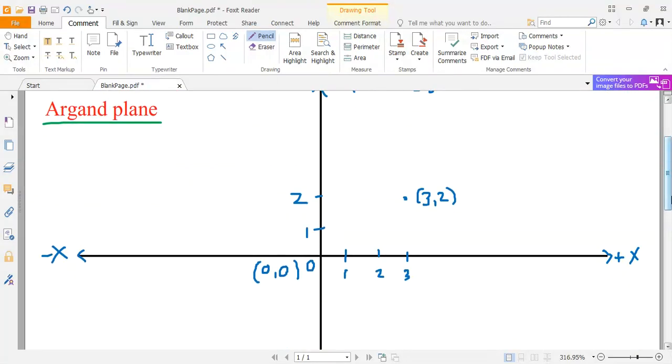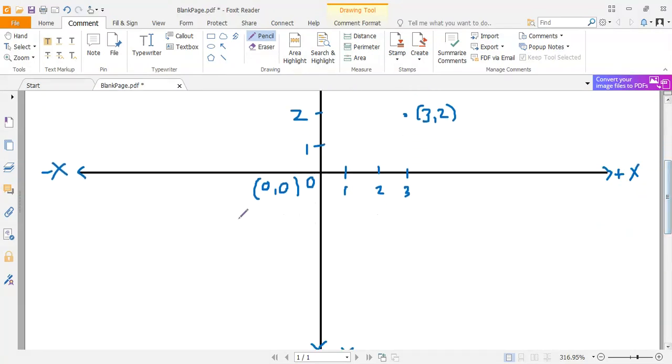But if that's the case, then shouldn't every point be representing a complex number? That's right. Every number here should represent a complex number. So what does this origin represent? This origin represents, say, a complex number z0, which is actually 0 plus 0i.